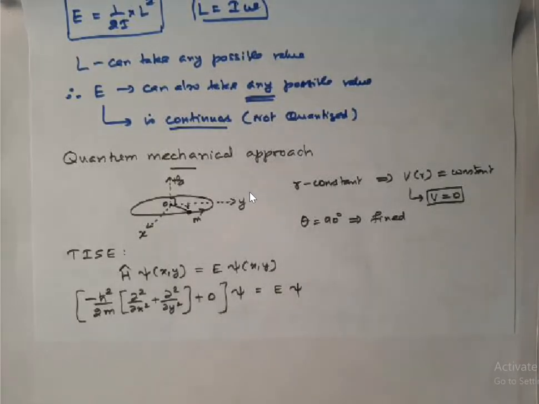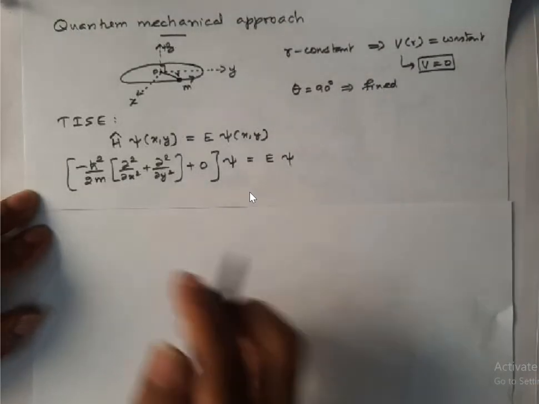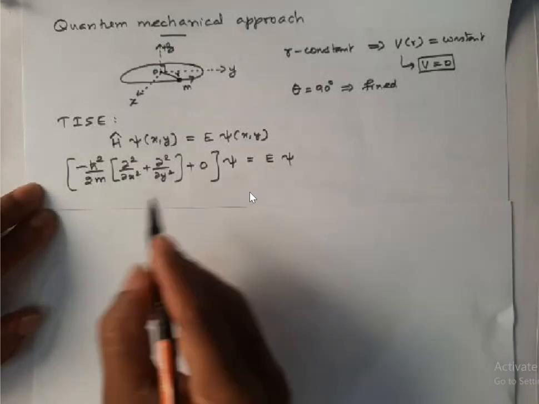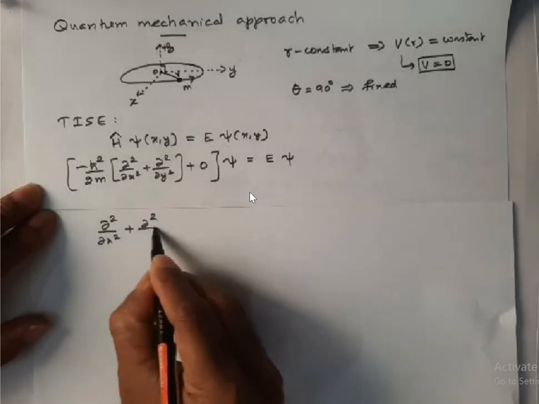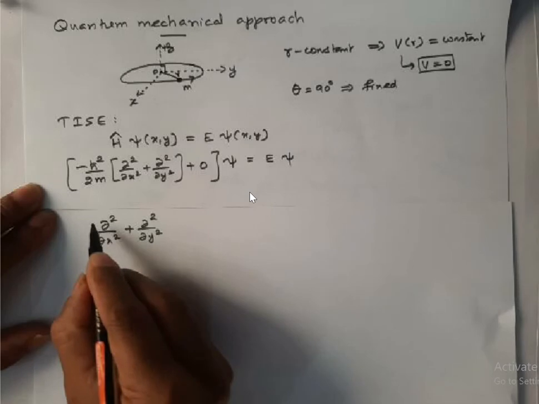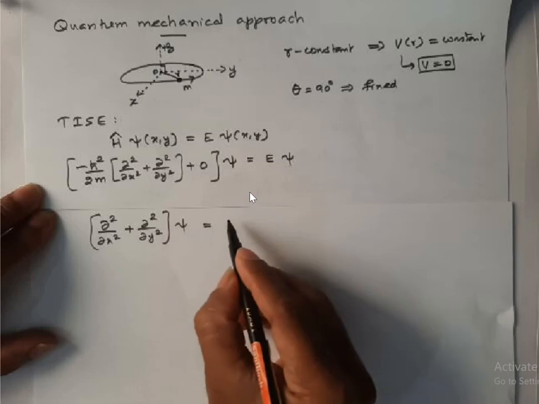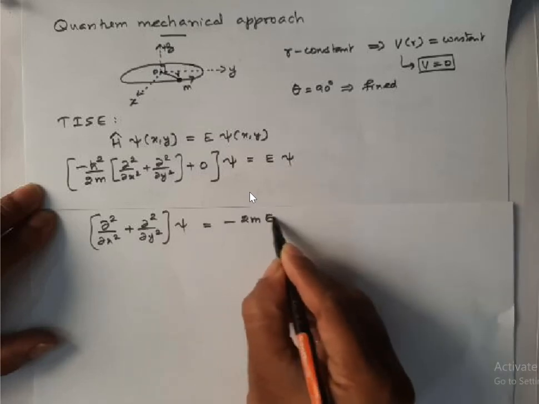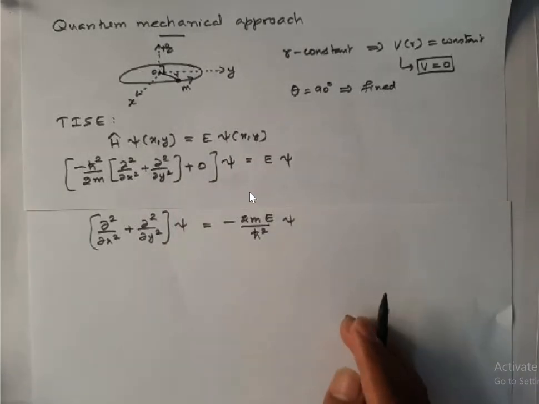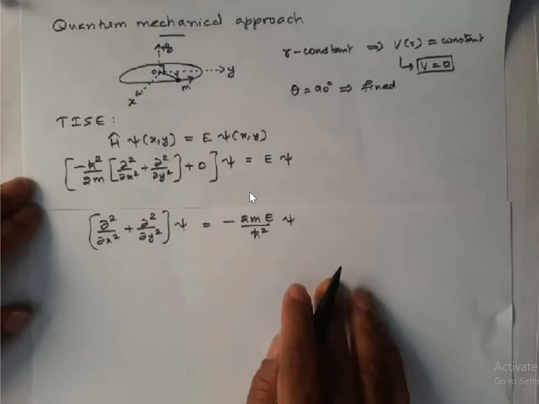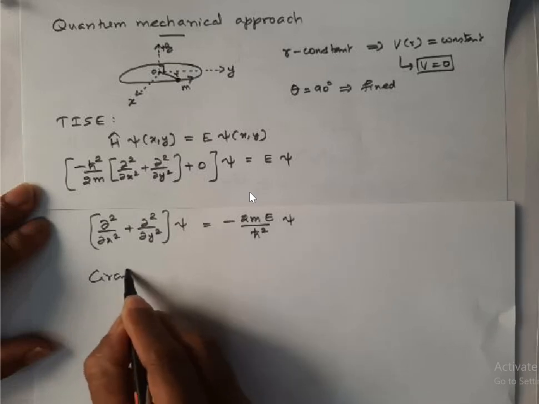So the expression is this: dou square by dou x square plus dou square by dou y square into psi equals minus 2mE by h bar square into psi. Now since we have circular symmetry in our case, okay, we have circular symmetry.